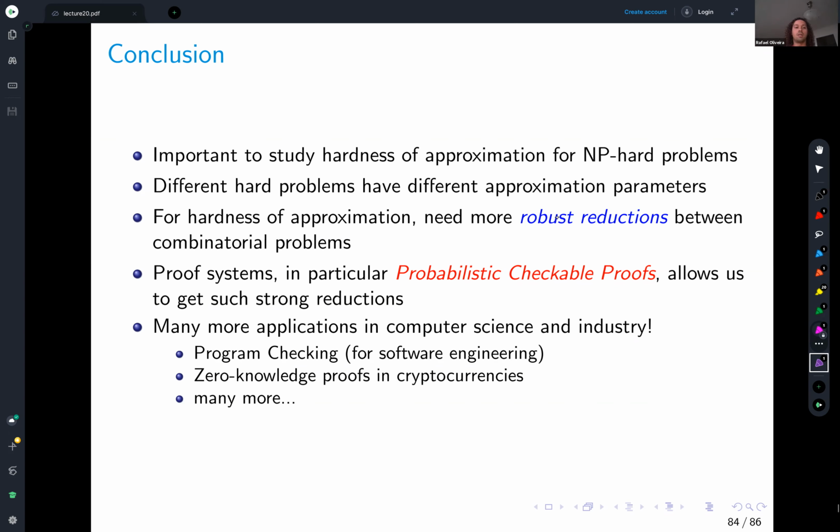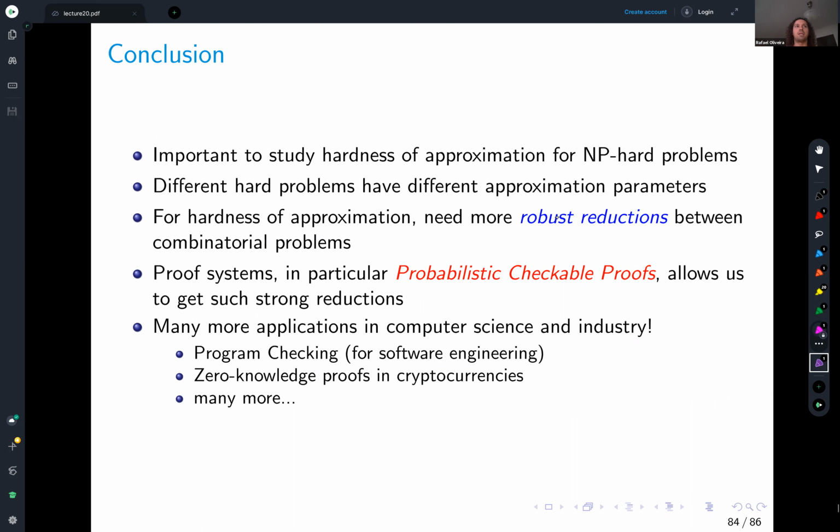Some things that we're not going to be able to see in this course, but if you're curious you should definitely check them out, is that there are many more applications of probabilistic checkable proofs in computer science and in industry. For example, in software engineering, they can be used for program checking, because you want to verify whether software will work for all your inputs, but you cannot test on all the inputs.